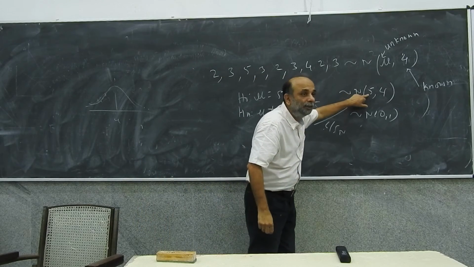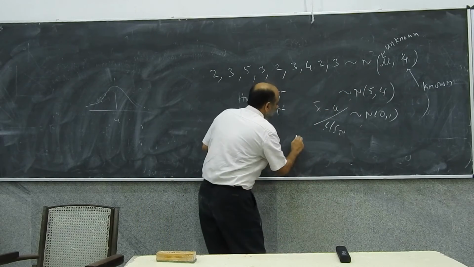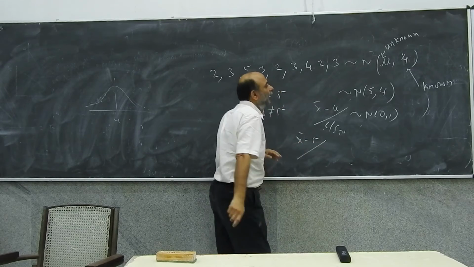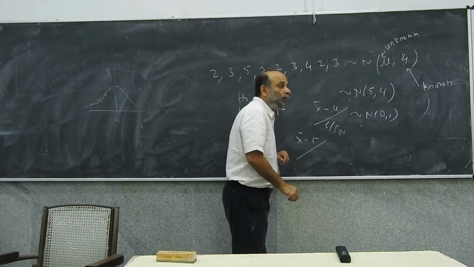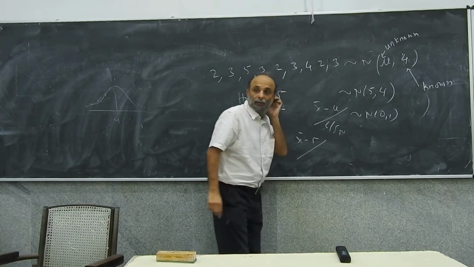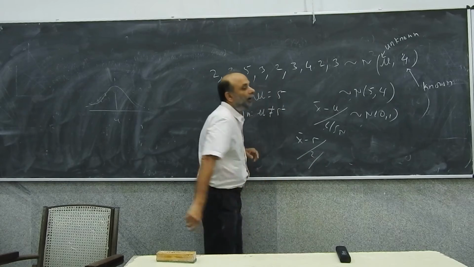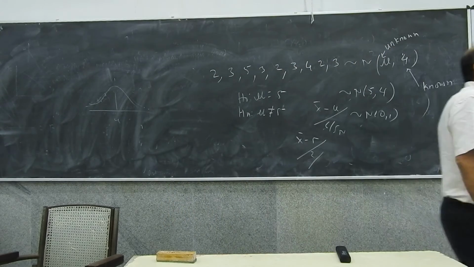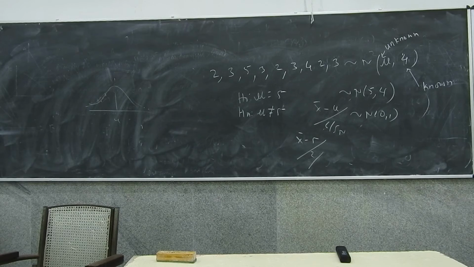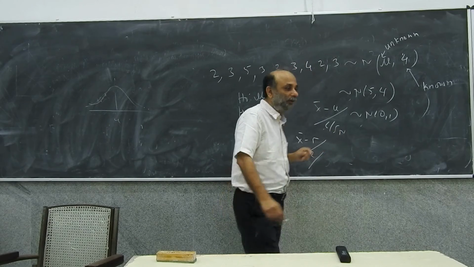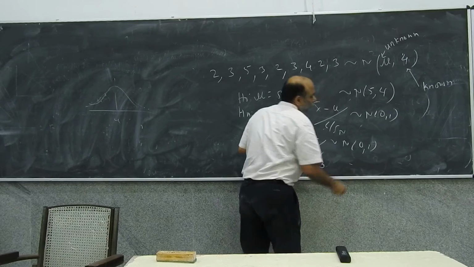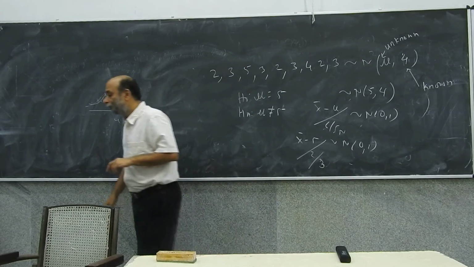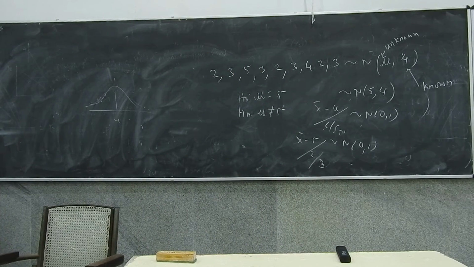So now this assumption means that x bar minus 5, what is sigma? Sigma square is 2, upon what is root n? 3. Because that's why I chose those numbers, so that you could get a root which is easy to work with. So x bar minus 5 divided by 2 by 3 must be a standard normal, right?